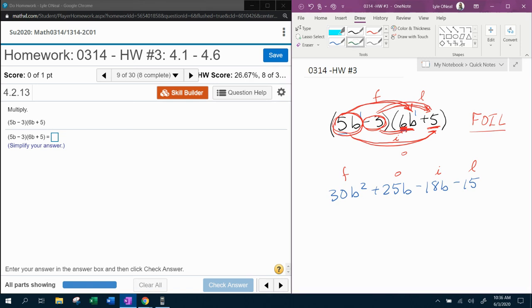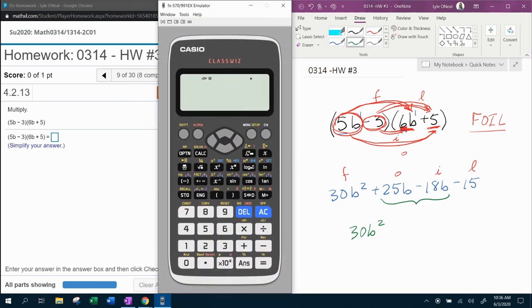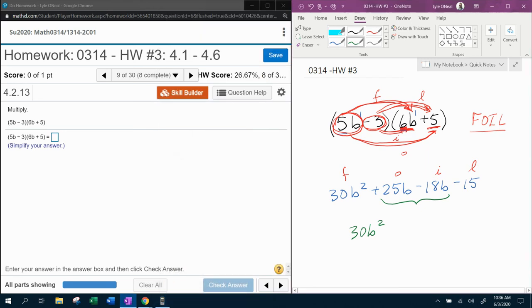All right, so now to finish this problem, if you have any like terms, they need to be combined. So the 30b squared comes down. There are no other b squareds. I've got a 25b minus an 18b. And if it's okay with you, I'm going to check that with the calculator. 25 minus 18 is 7, so that's going to be plus 7b.